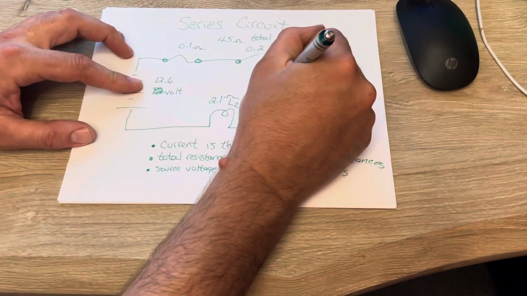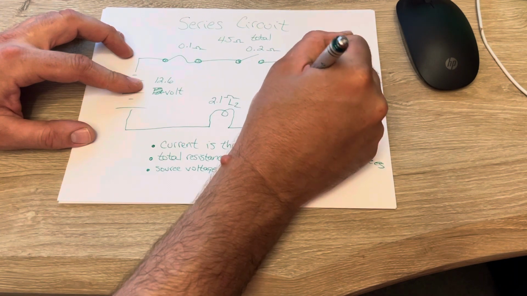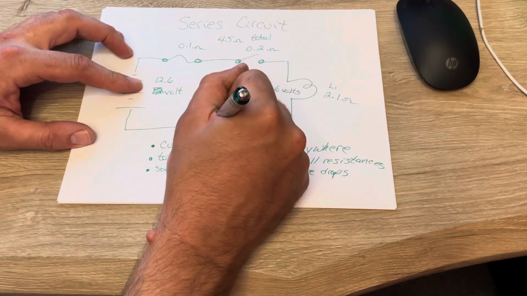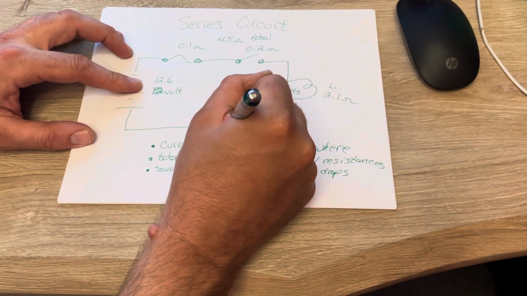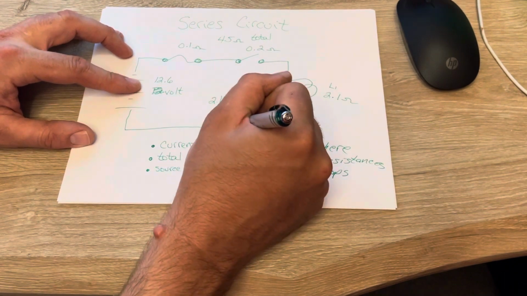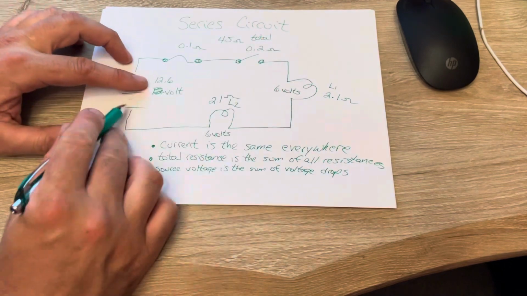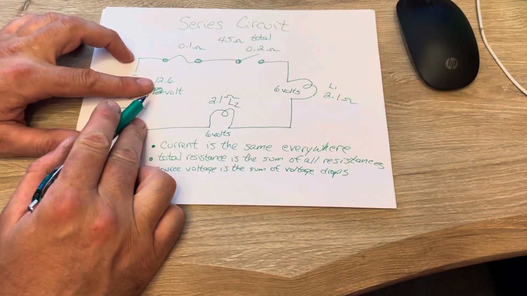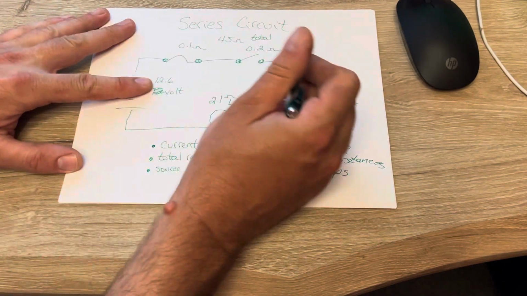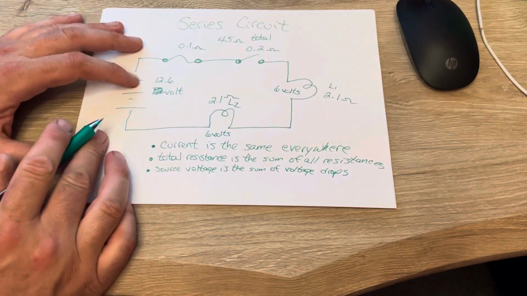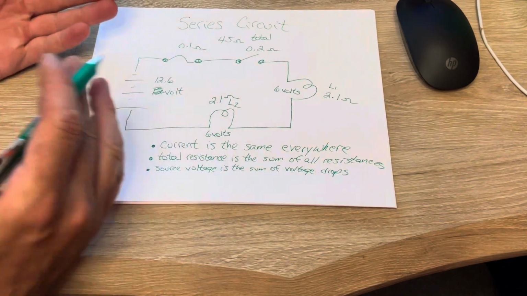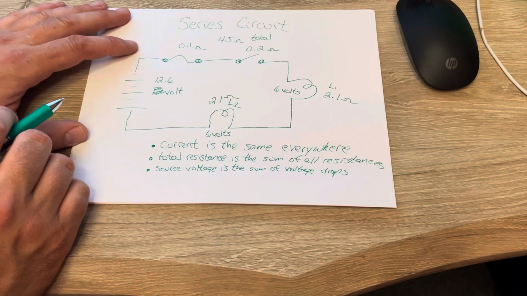Then you may have 6 volts of drop across this light bulb and 6 volts of drop across this light bulb. Okay? Now we have 0.6 left, so that's going to drop across the rest of the wires and the pieces in the circuit.